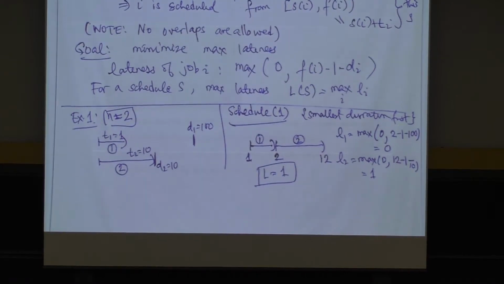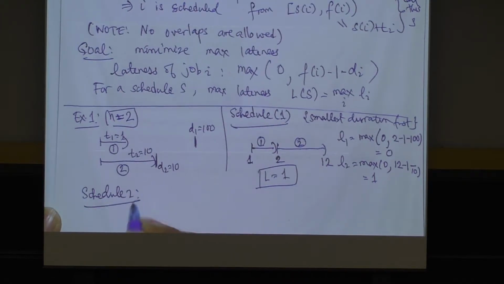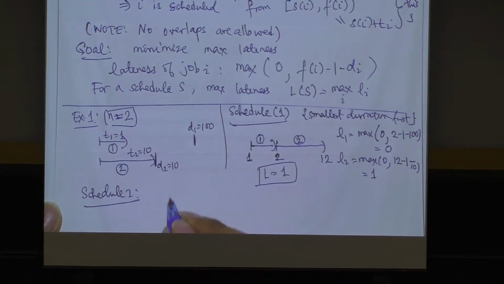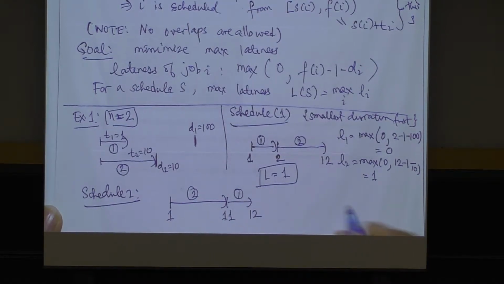And it turns out this is not optimal, because if you look at the other schedule, which is you do 2 first, followed by 1. In this case, it starts off 1, 11, and 12.